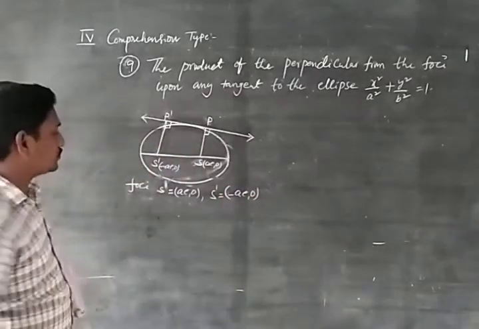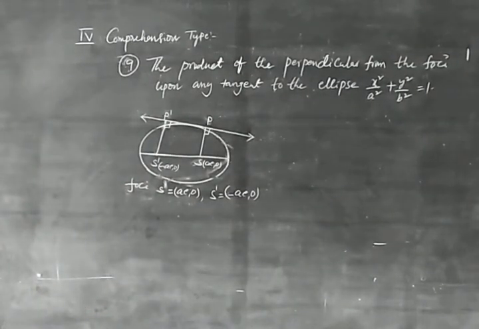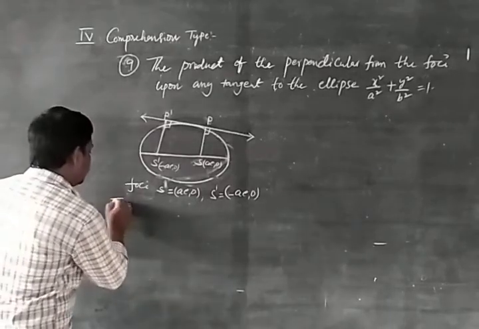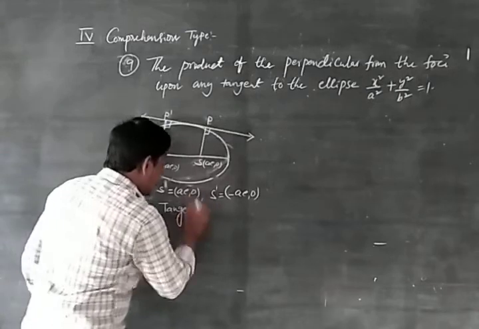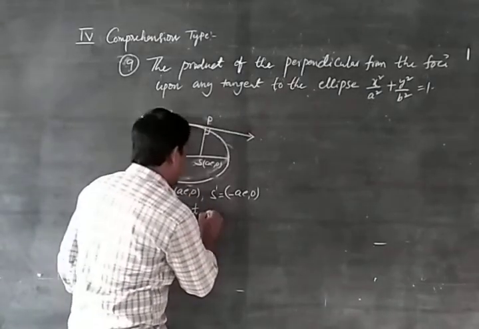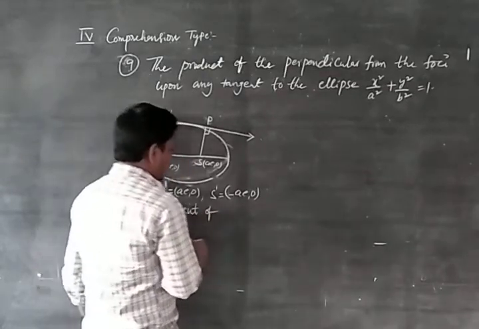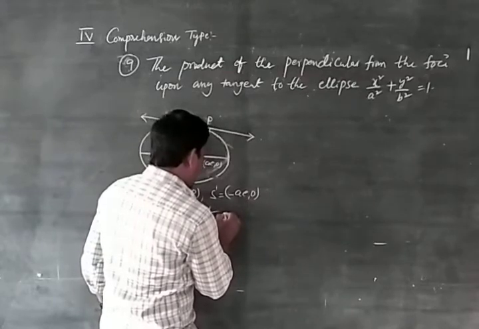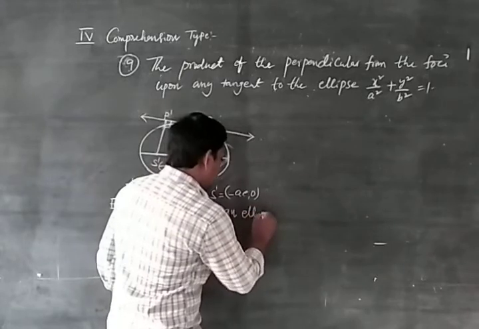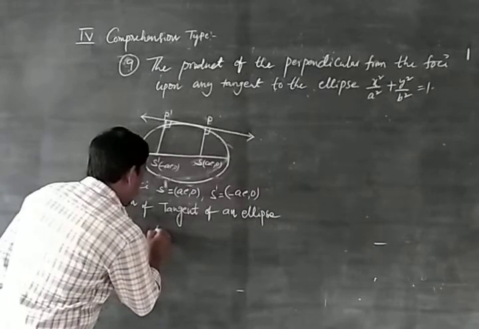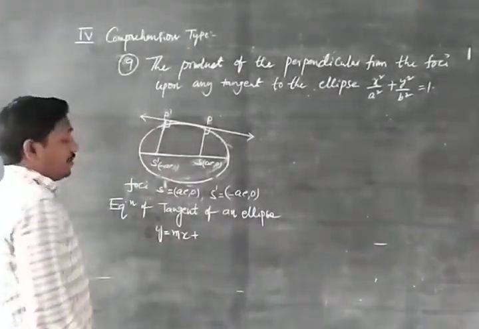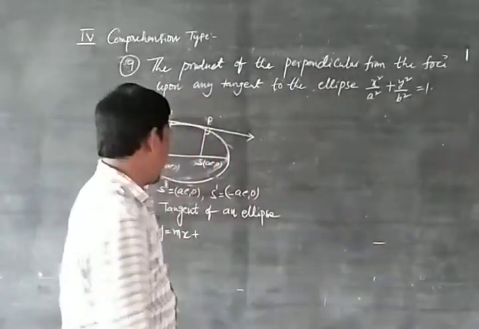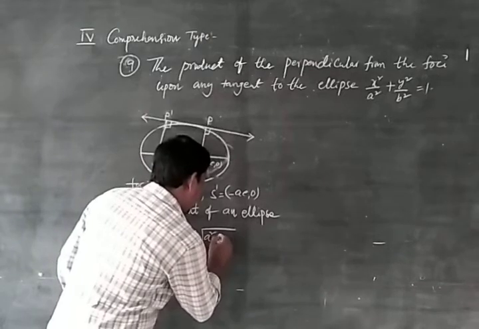Okay, and the equation of tangent of an ellipse, we know that y equal to mx plus or minus root of a square m square plus b square.